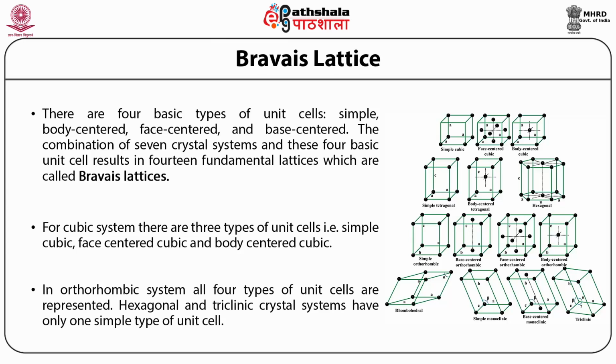In the orthorhombic system, all 4 types of unit cells are represented. Hexagonal and triclinic crystal systems have only one simple type of unit cell. The monoclinic crystal system has simple and base-centered unit cells.